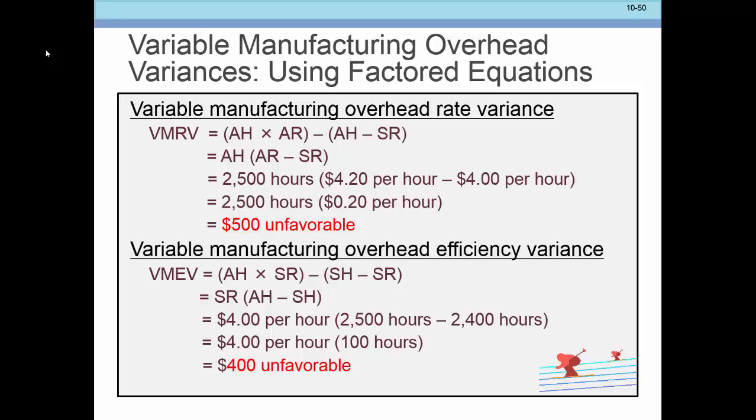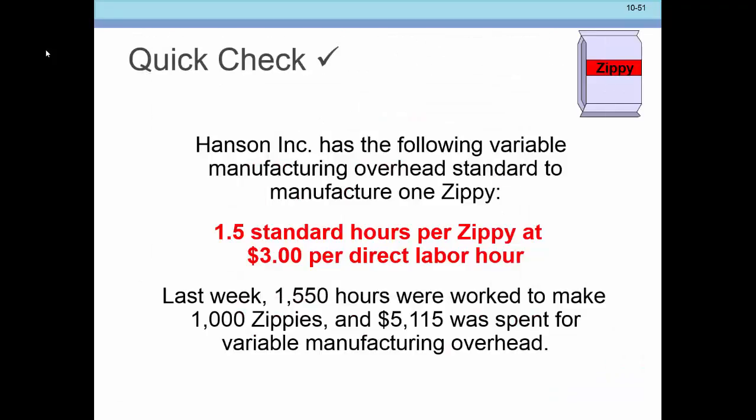Okay. All right, so here we go with the zippies. So what do you want, rate or efficiency? You want to do efficiency? Okay. So $3 is the standard variable manufacturing overhead rate, good?